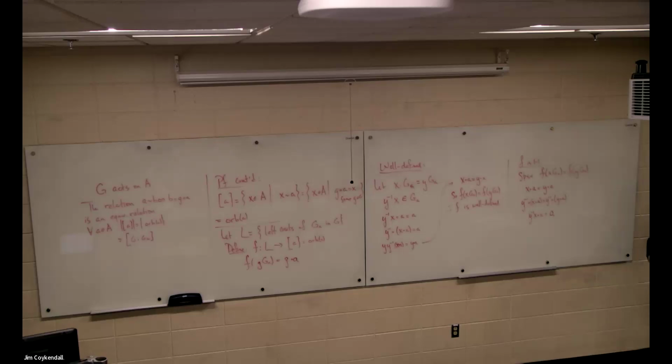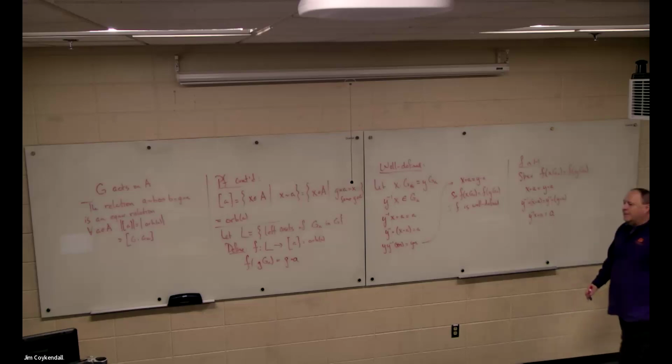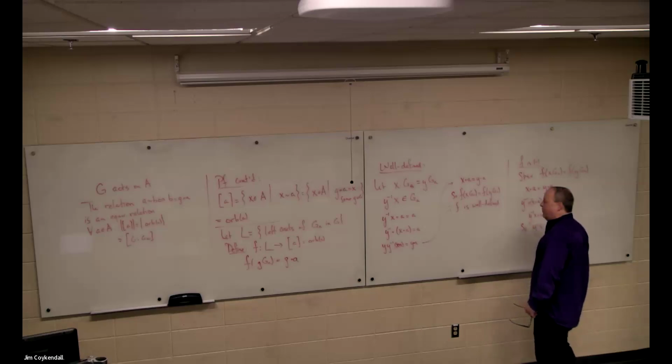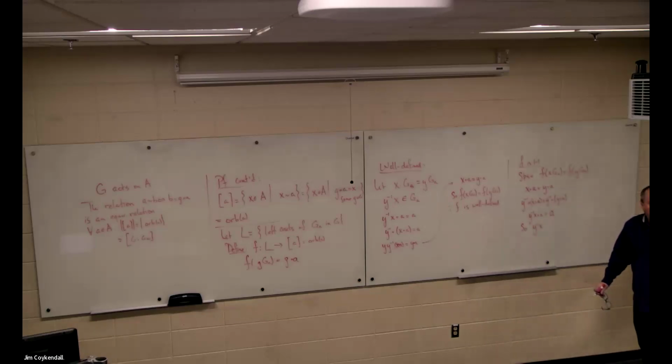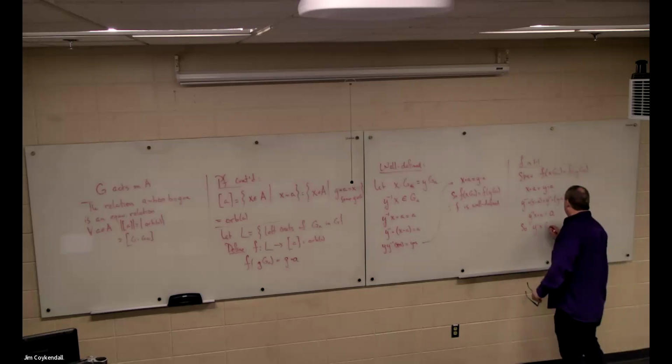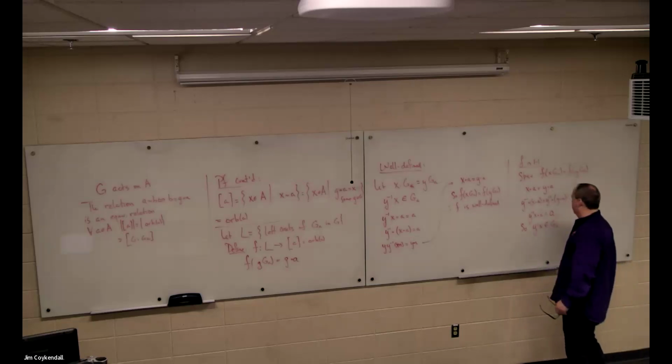So what does that tell me about y inverse x? Where does it live? Well, a little bit more general than that. Yeah, it has to be G_A, because what y inverse x did is it stabilized A. It left A alone. So y inverse x actually lives in G_A.